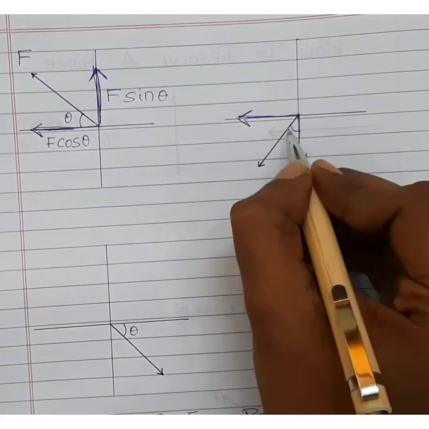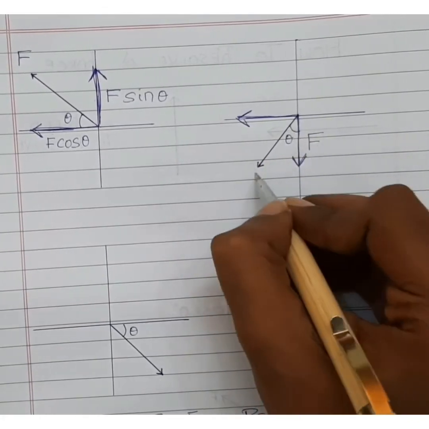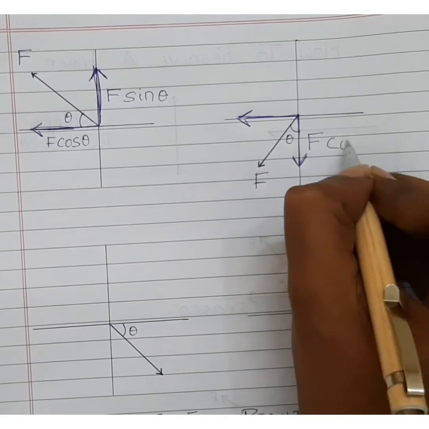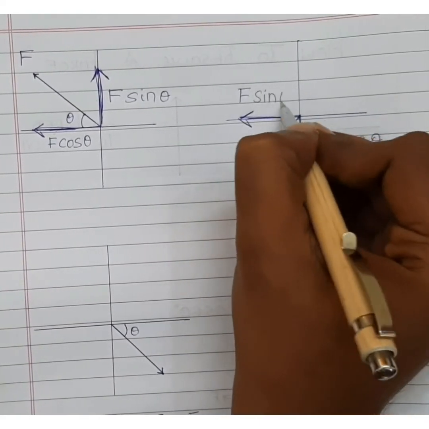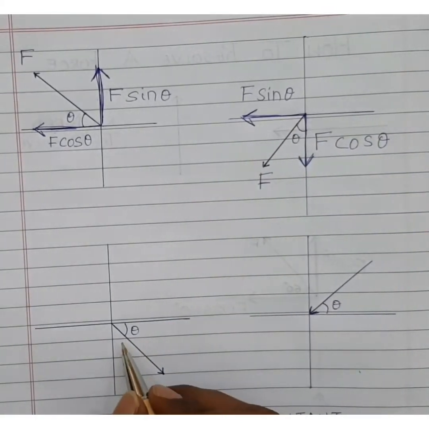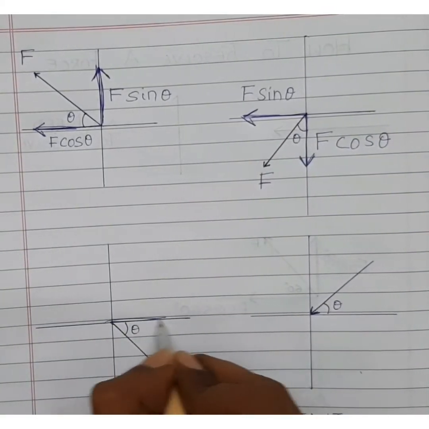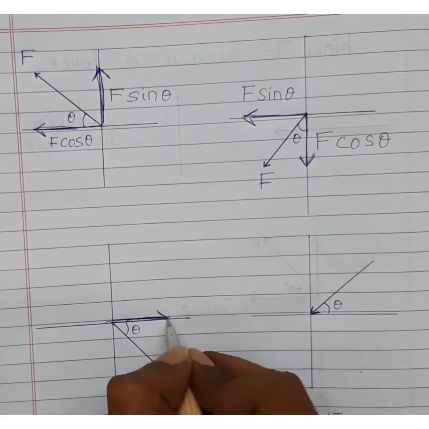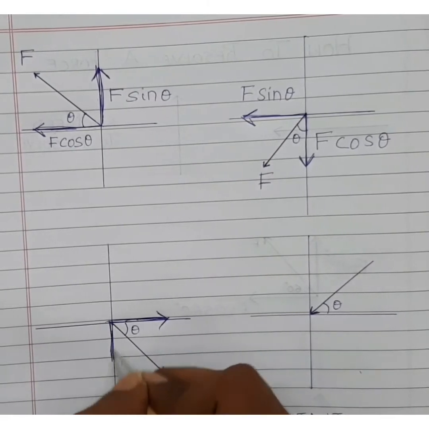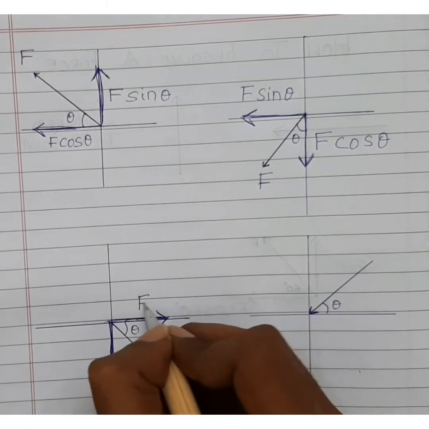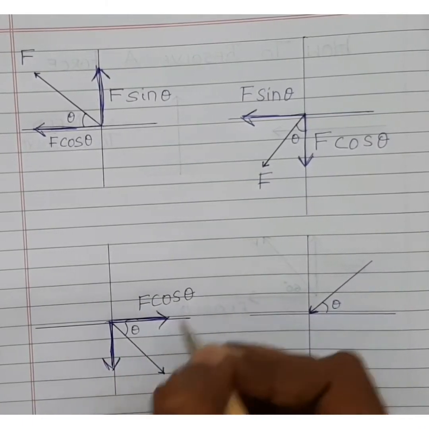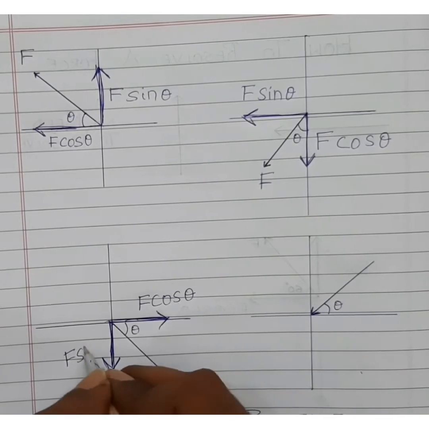Since this is theta, if this is F, then this will be F cos theta and this should be F sin theta. Now for this, here also it's moving away, so the components will be like this. This is F cos theta because theta is nearer to this, and this is F sin theta.